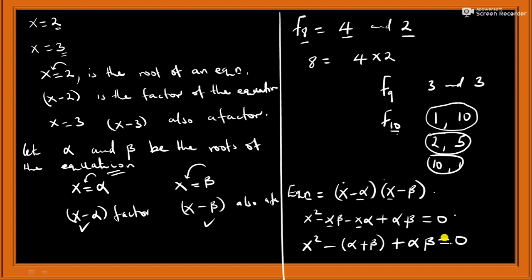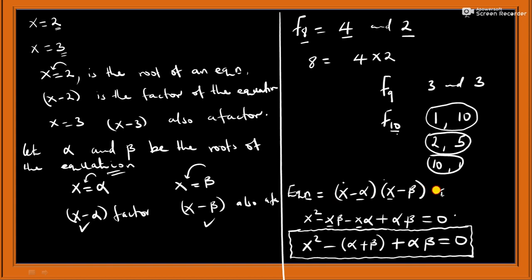Now I want us to look at this equation. Remember we had said the roots are alpha and beta. So if those are the roots, x equals alpha is a root and x equals beta is also a root. That means x minus alpha is a factor and x minus beta is also a factor. To get the equation, we multiply the two factors.